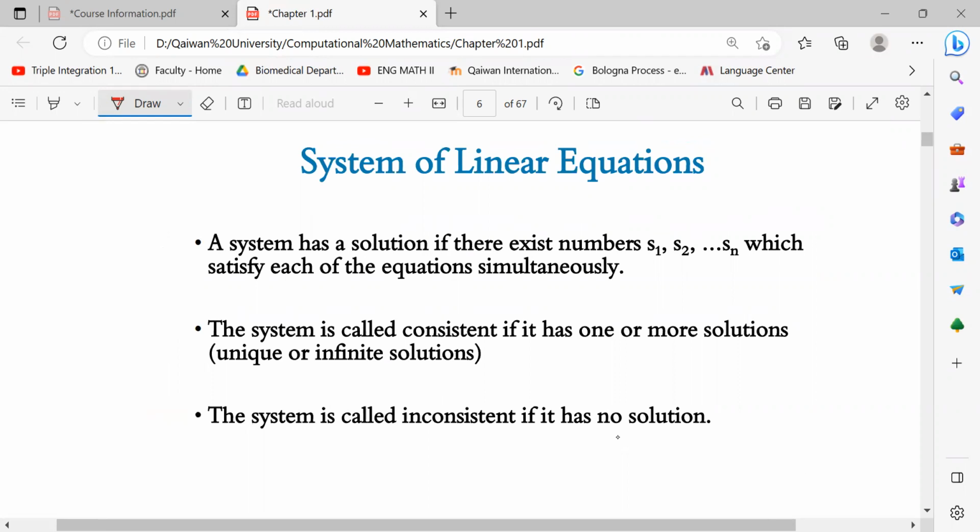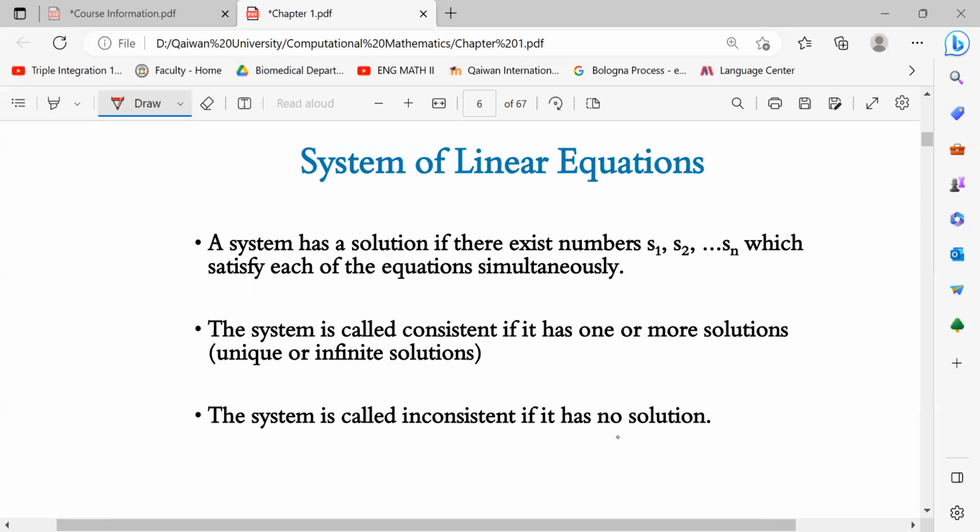Here, for a system, we have three types of solutions.